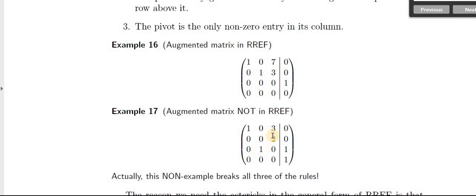This one is to the left of this one, so the stair-step pattern is not correct. In order to make this into REF, you'd have to exchange these 2 rows. You'd have to change this 2 to a 1, and you'd have to get rid of this entry here. And here also you can see that this one here does not have all zeros in that column. So this one does not meet the criterion for a pivot.